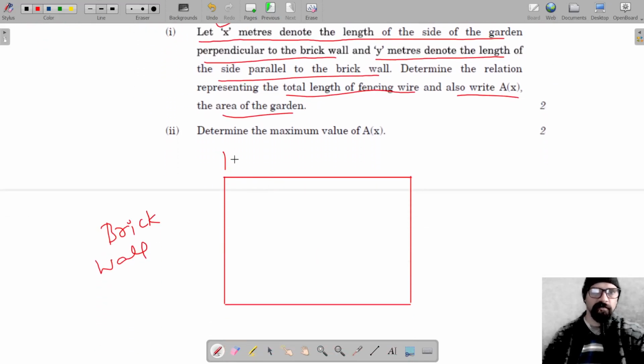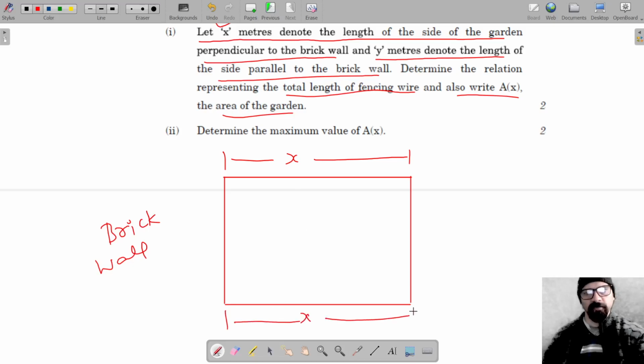So this is the side perpendicular to the brick wall. Let this be x. If this is x, this is also x because this is a rectangular garden. Now y meter denotes the length of the side parallel to the brick wall. So the parallel side is this one, and its length is y.